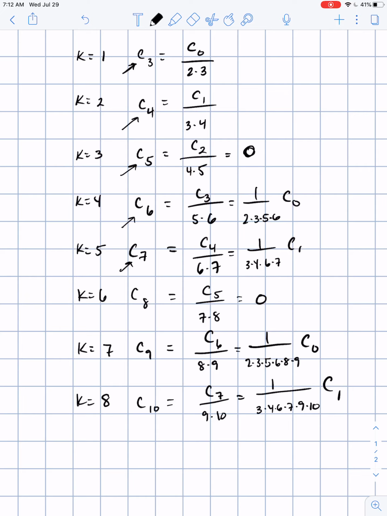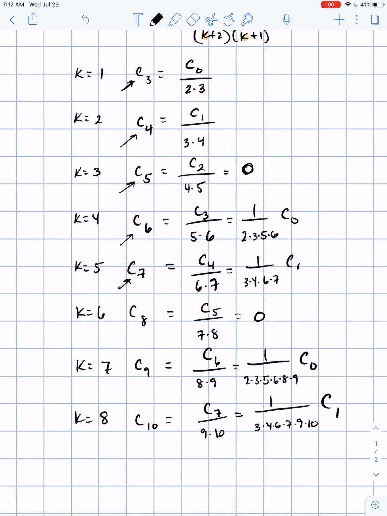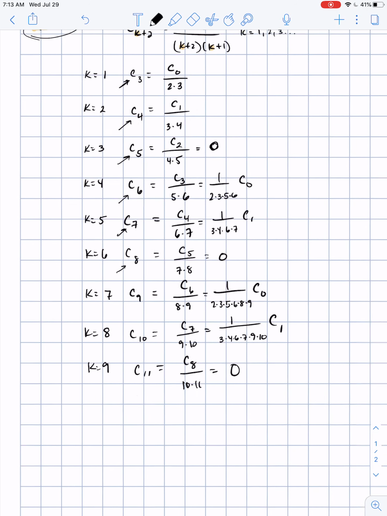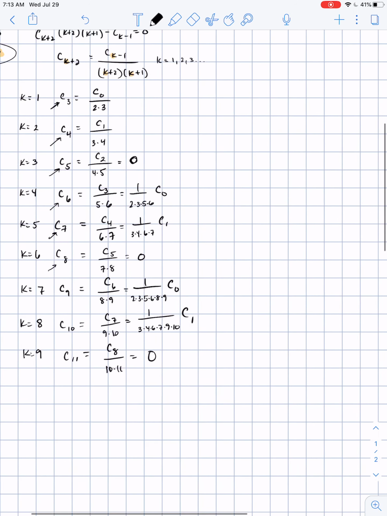And if you notice the pattern, right, 2 terms, 0, 2 more terms, 0, 2 more, this c sub 11 when k is 9 will wind up being 0, because here you'll have c sub 8, and you could see c sub 8 is 0, even though you would have 10 times 11, but that's still 0. So, I mean, I did a bunch here. Sometimes it's not necessary to do so many, but now what we're going to do is put this together, okay?